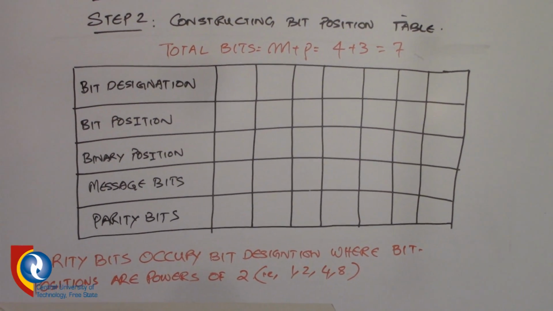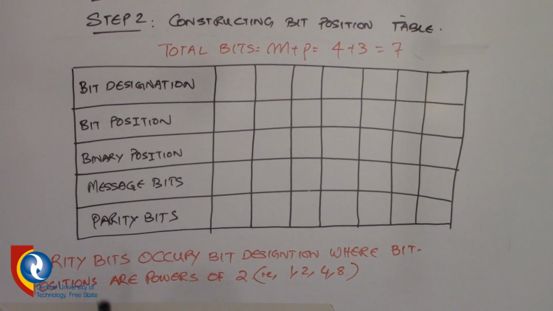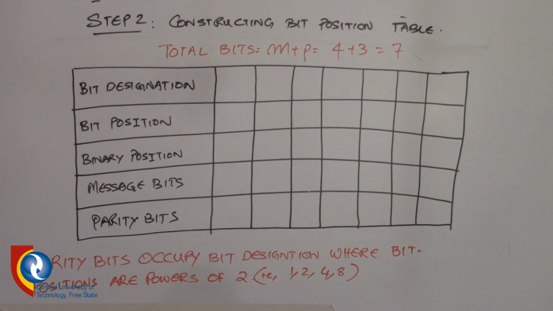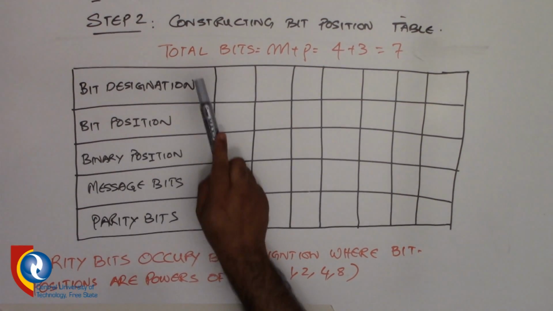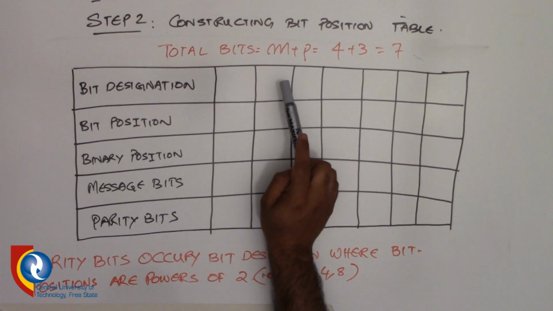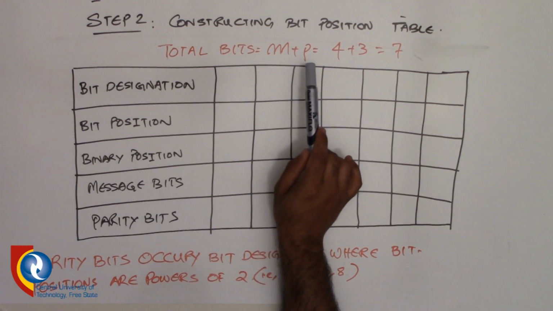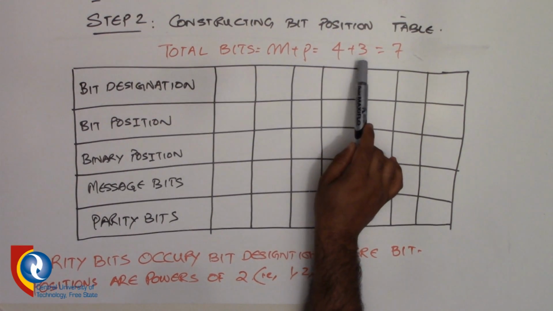After determining the number of parity bits, we go on to step 2, which is to construct the bit position table. In order to construct the bit position table, we first need to determine the total number of bits. In our case, the total number of bits is equal to the number of message bits plus the number of parity bits. That is 4 plus the 3 that we found in step 1.